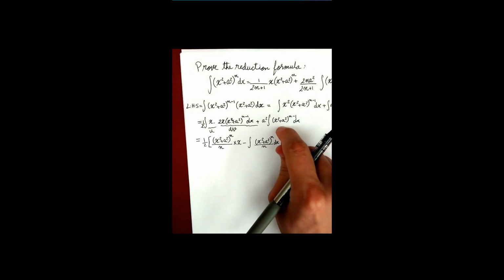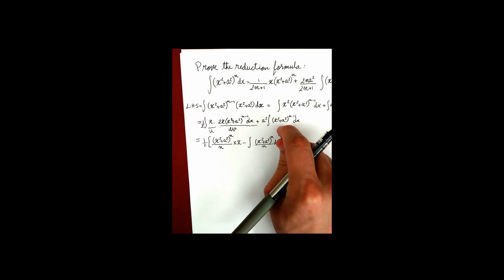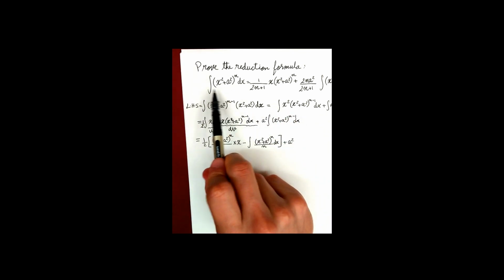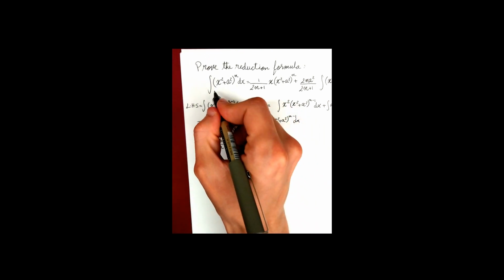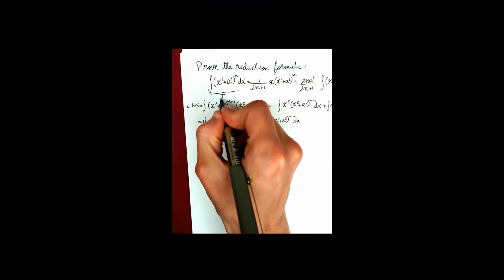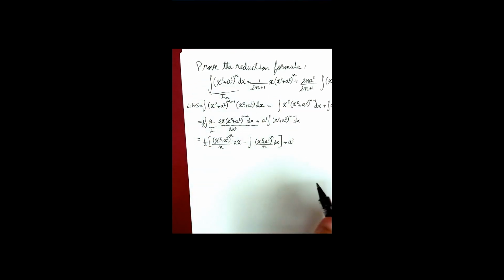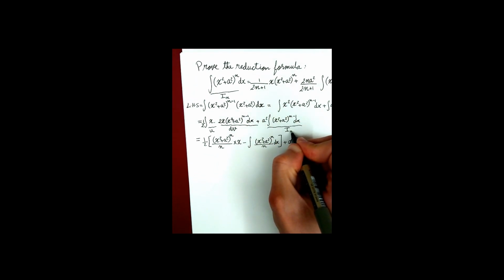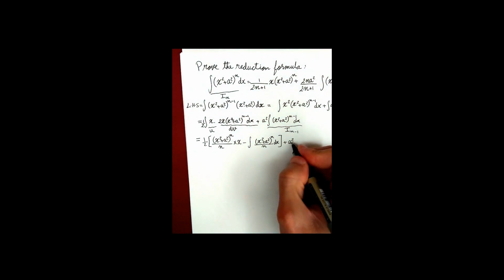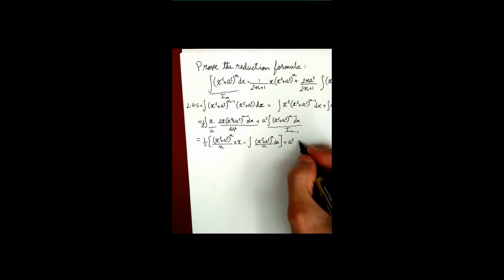If you can see, this integral is very similar to the first integral. The first integral, we can call it In, where n is the power. So this would be In minus 1. So I will try to simplify it here to be In minus 1.